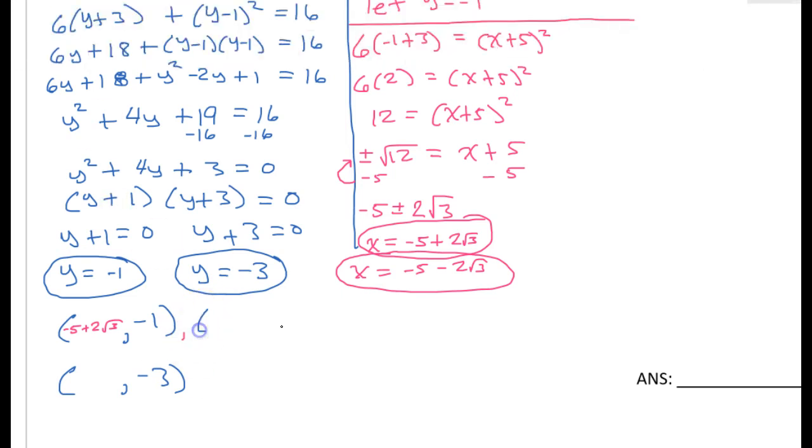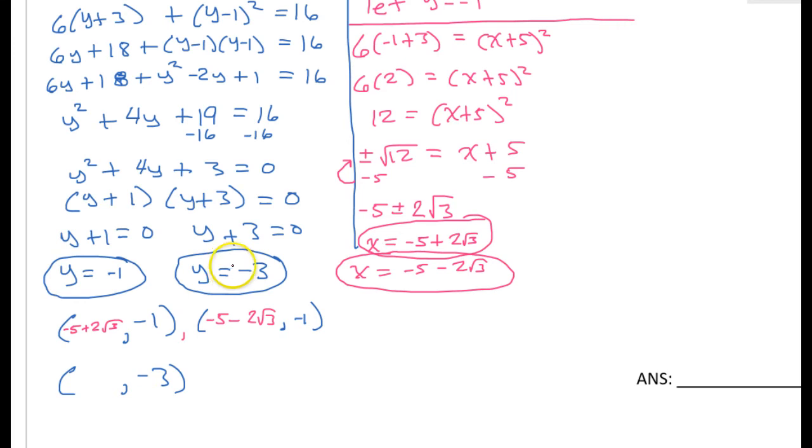So I also have another something comma -1. But this time it'll be -5 minus 2 radical 3. So we have two solutions so far. So that's what we get when we use a y value of -1.